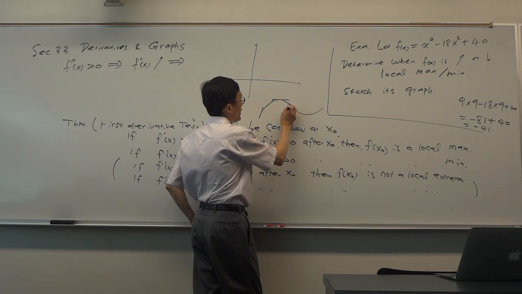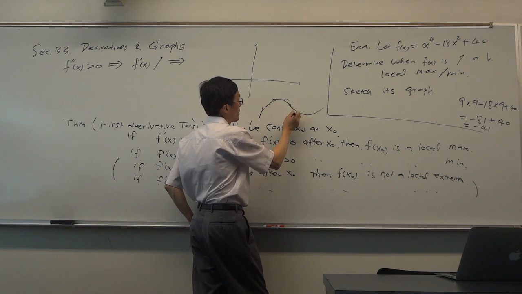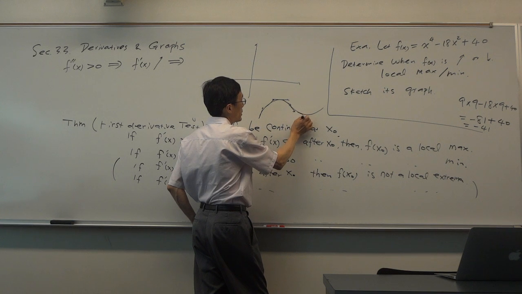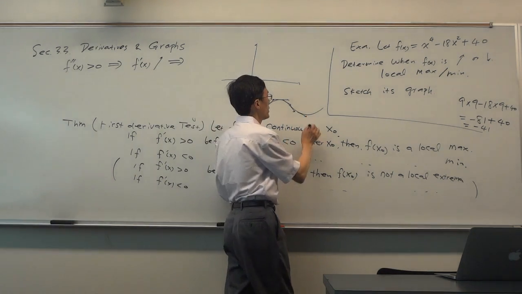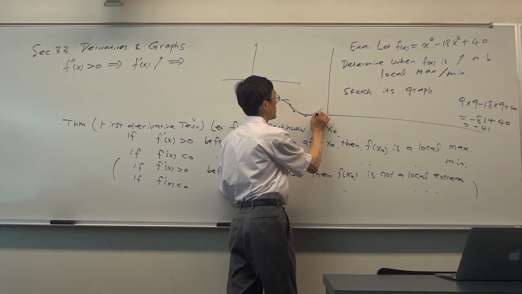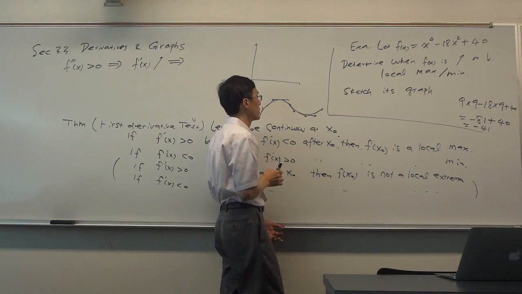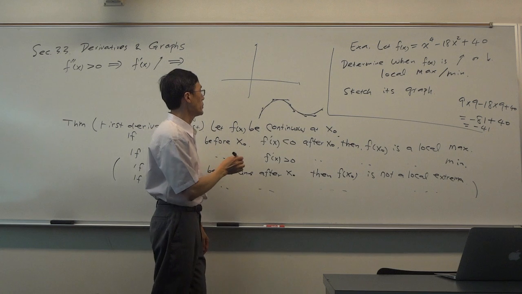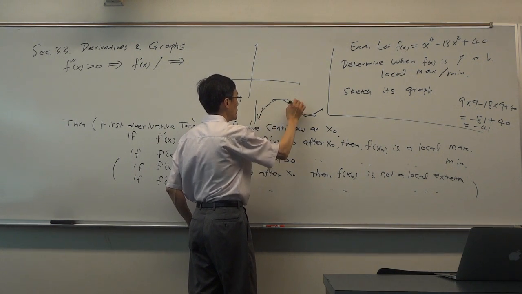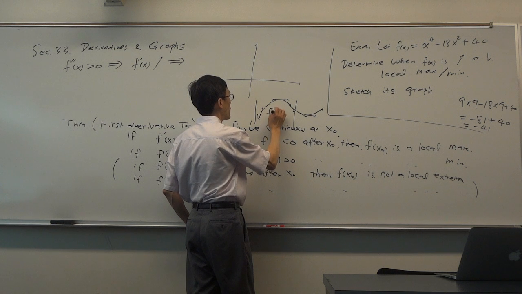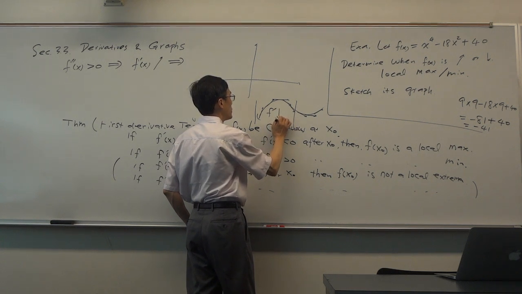After that, here you have a negative slope, and here the slope becomes less negative, and then 0, and then becomes positive. So from here to here, f prime is decreasing.